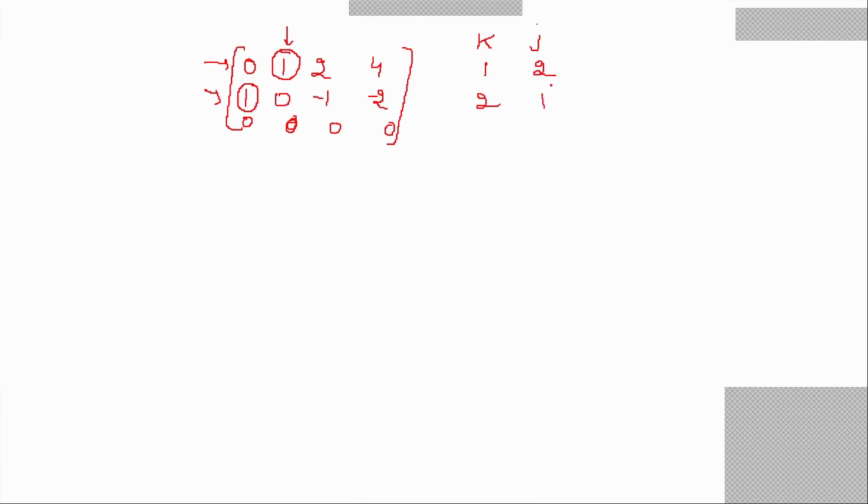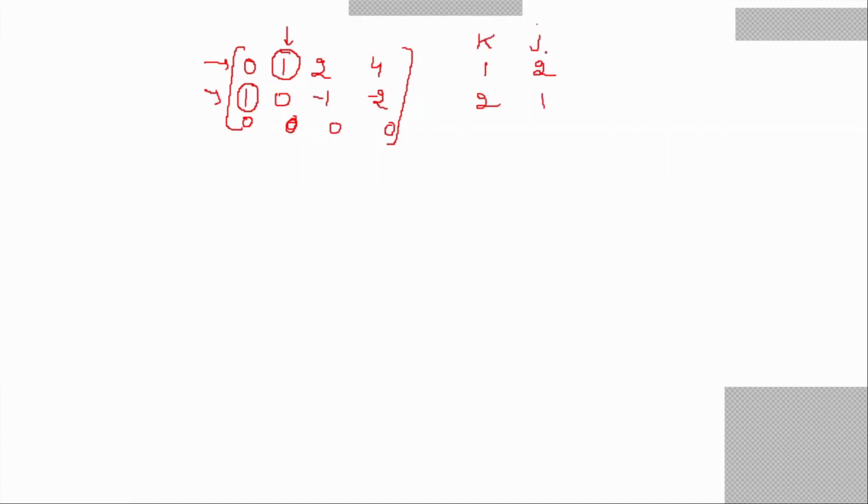Third is a 0 row. So in the non-zero rows, these column numbers should be in increasing order, but here they are not. So the fourth criteria is not satisfied. If the kth row has its first non-zero entry in the jth column, then the (k+1)th row should have its first non-zero entry at least in the (j+1)th column, or it can be j+2, j+3, and so on.